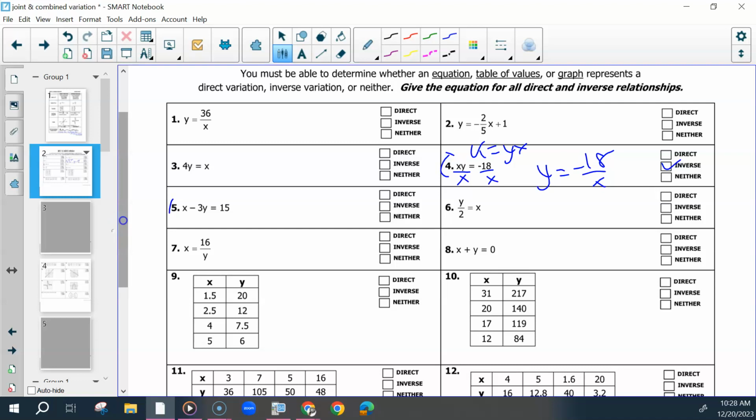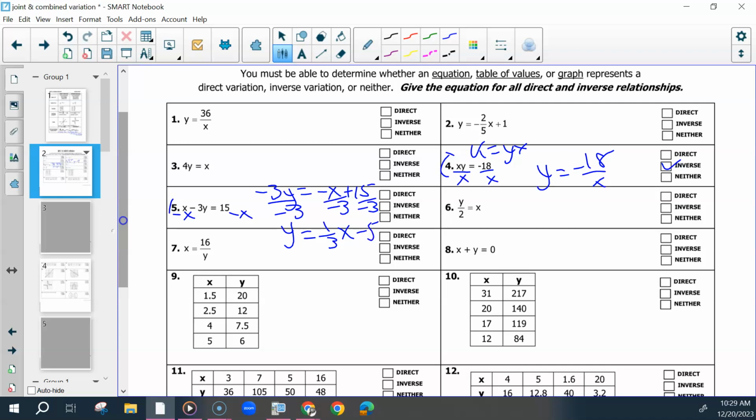Get rid of x by subtracting on both sides. We have negative 3y equals negative x plus 15. Divide everything by negative 3. So that y equals positive 1/3 x minus 5.